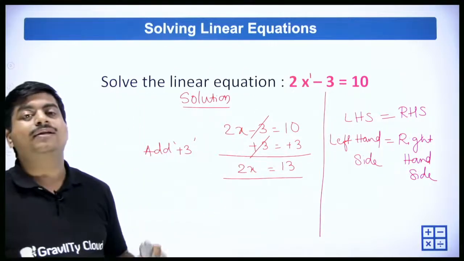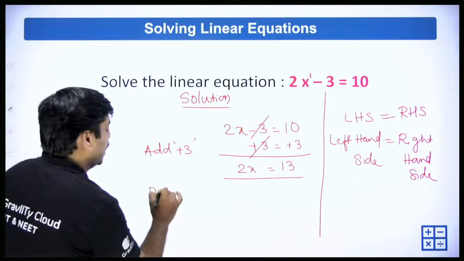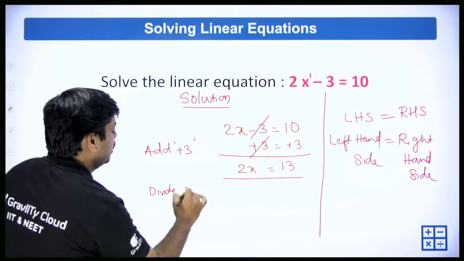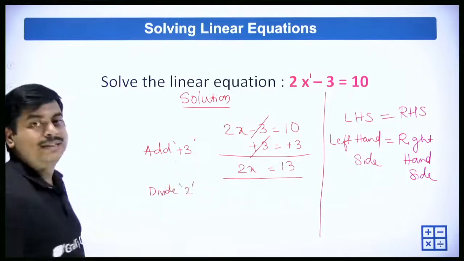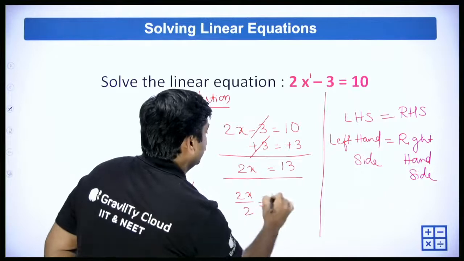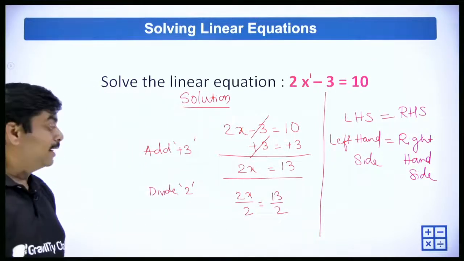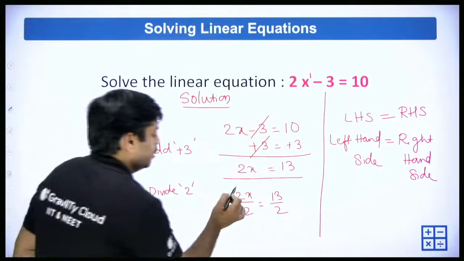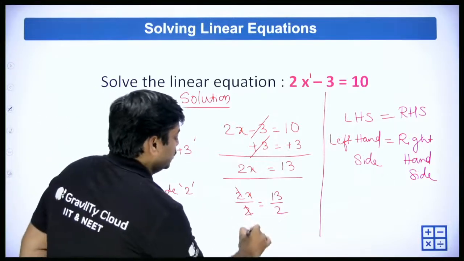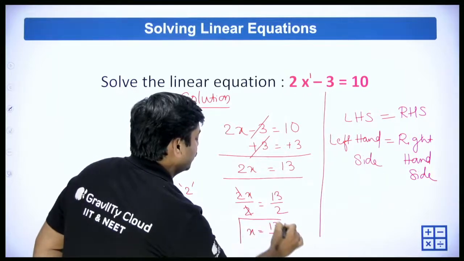We will divide with the same number. Okay, so dividing with 2. Divide 2 on both sides. So you will get 2x by 2 is equal to 13 by 2. So 2 and 2 get cancelled, you will get x is equal to 13 by 2.